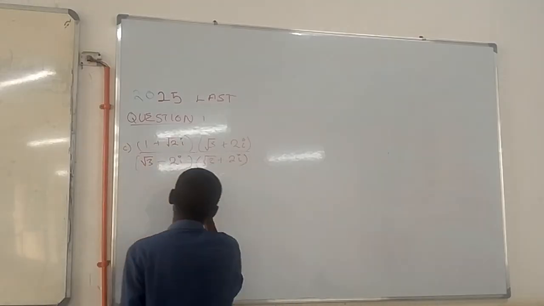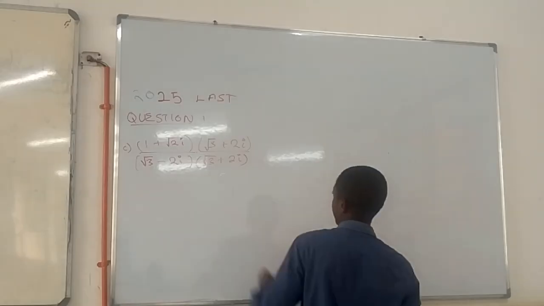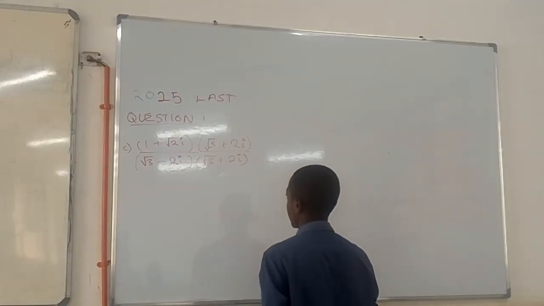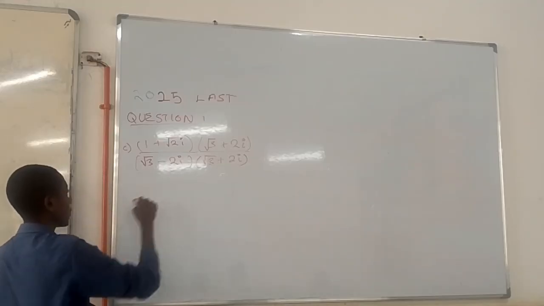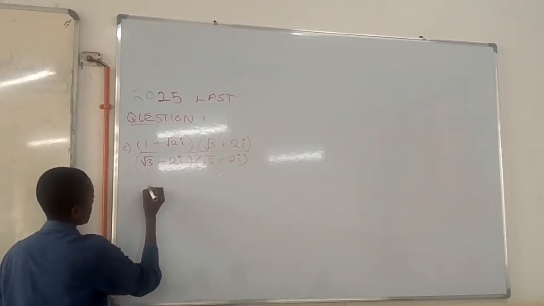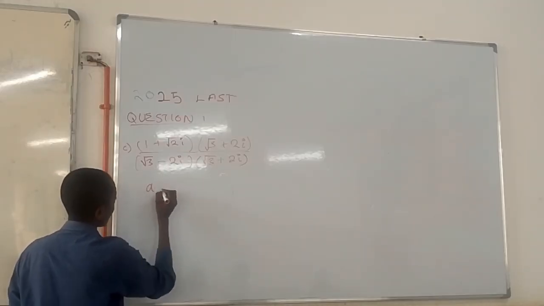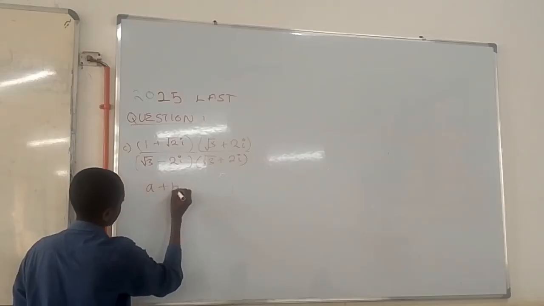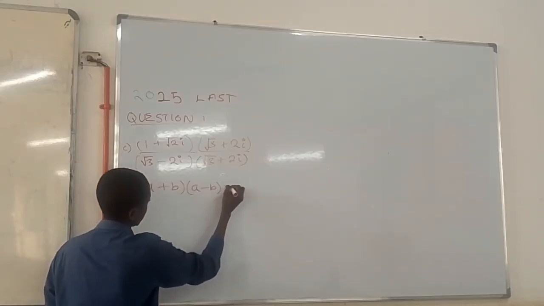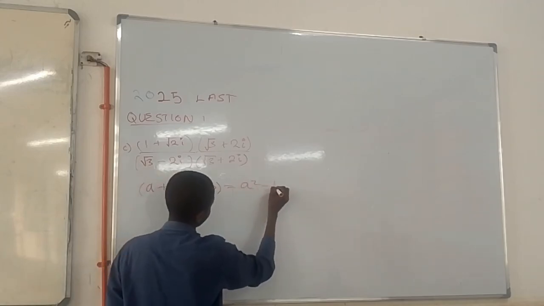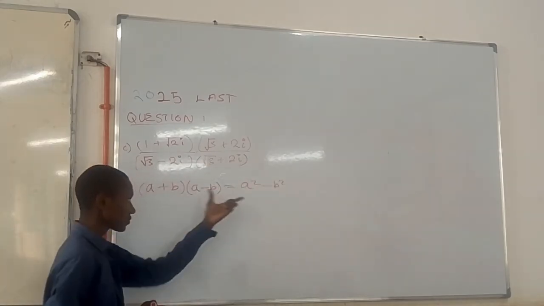Okay, so we multiply with the conjugate. Start with the bottom part first. It's very easy. What I like to do when I'm dealing with the bottom part is, I don't know if you've come across this: (a plus b)(a minus b) is equal to a squared minus b squared. We know that.